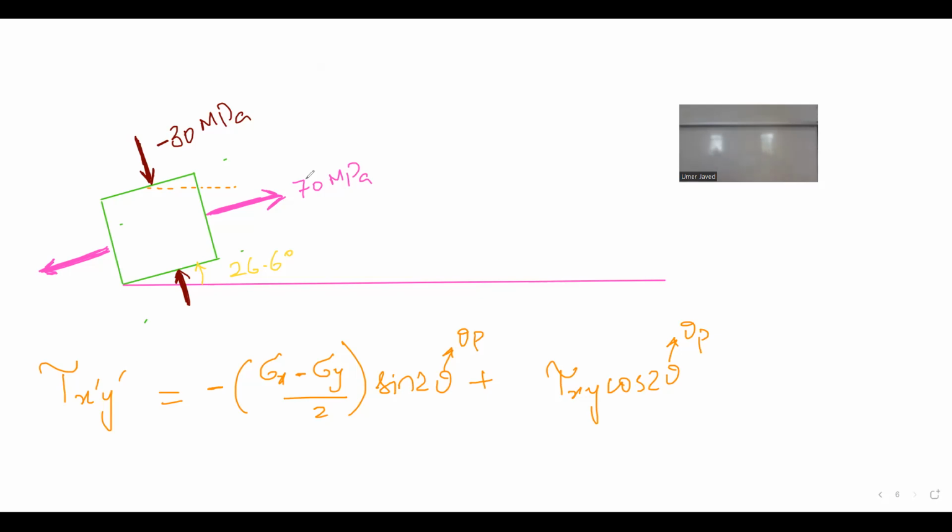Let's say from the square like this, this is the top, this is the right, and the arrows are pointing this way. Is this positive shear stress? Just focus on the x surface. If x or x prime is giving an anti-clockwise kind of a direction, that is positive. And if x or x prime is giving a clockwise feeling, that is negative.